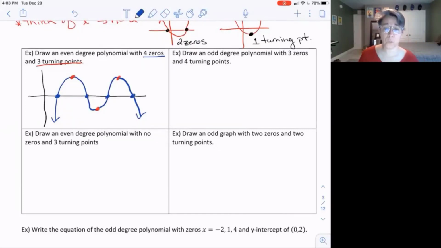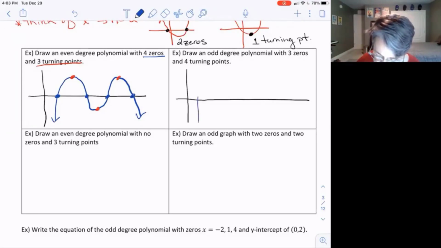Next example to the right, we want to draw an odd degree polynomial with 3 zeros and 4 turning points. So remember, 3 zeros, 1, 2, 3. So that looks like an odd polynomial with 3 zeros.